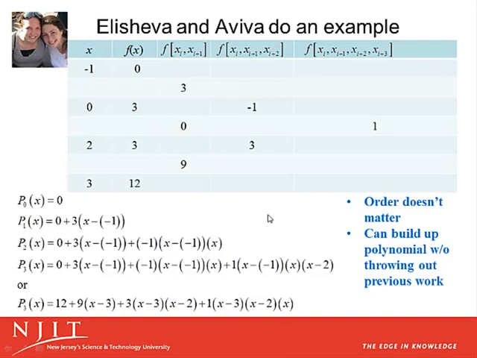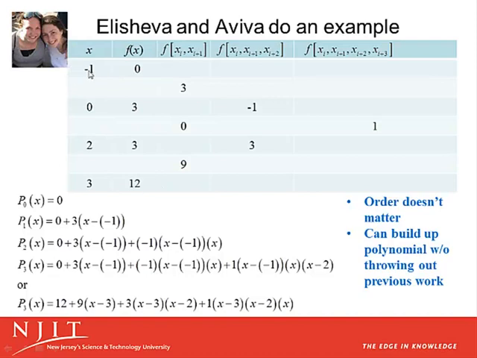There's nothing special about going from the top. One can also go from the bottom and also get the cubic polynomial as y equals 12 plus 9 times x minus 3, now we use the bottom, plus 3 times x minus 3 times x minus 2, plus 1 times x minus 3 times x minus 2 times x minus 0. The order that we list the points in doesn't matter.